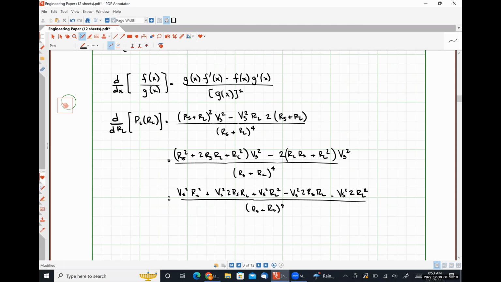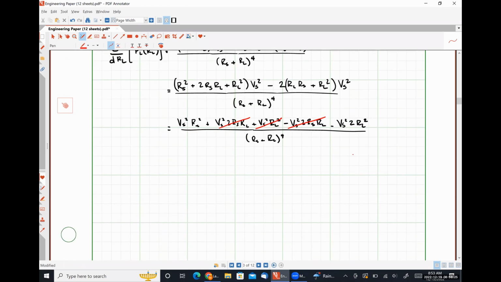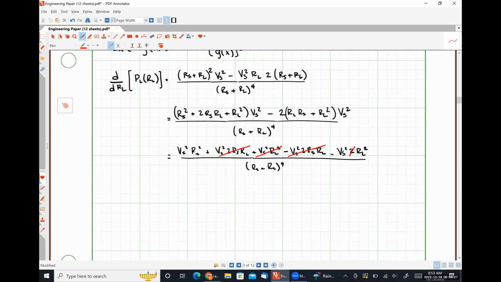If I expanded all of that out correctly, which I think I did, this term and this term go away. And then this term goes away too. Anybody have any problems with that level of algebra canceling stuff out?